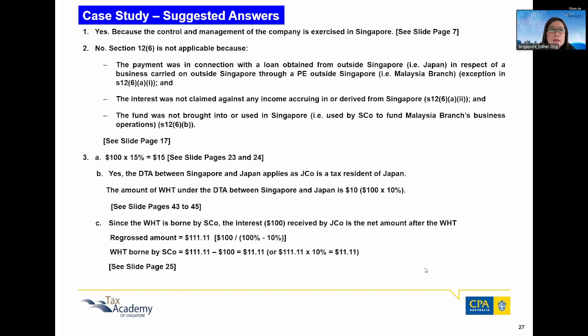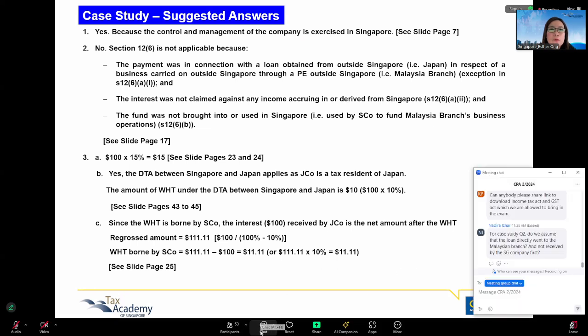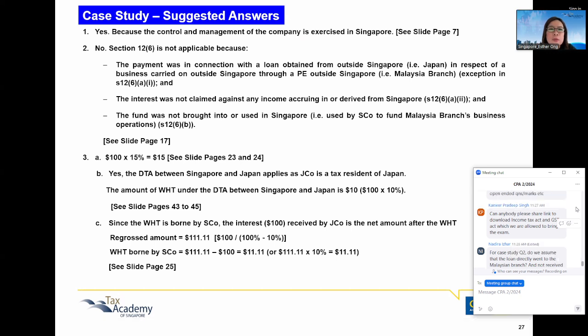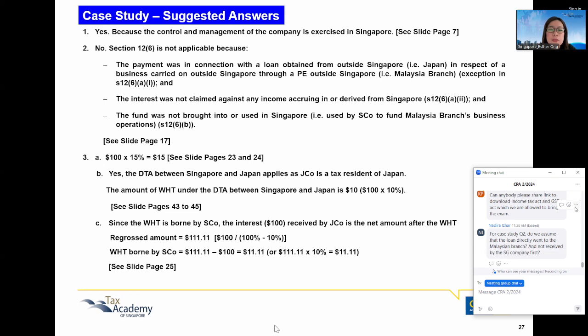Sorry, I don't know how to pronounce your name, is it Canwell, asking for a link to download the Income Tax Act and GST Act? You can access a copy from Statutes Online. Just search Singapore Income Tax Act in Google, and it will bring you to the AGC website, which includes all the statutes. Let me find the link and post it here.